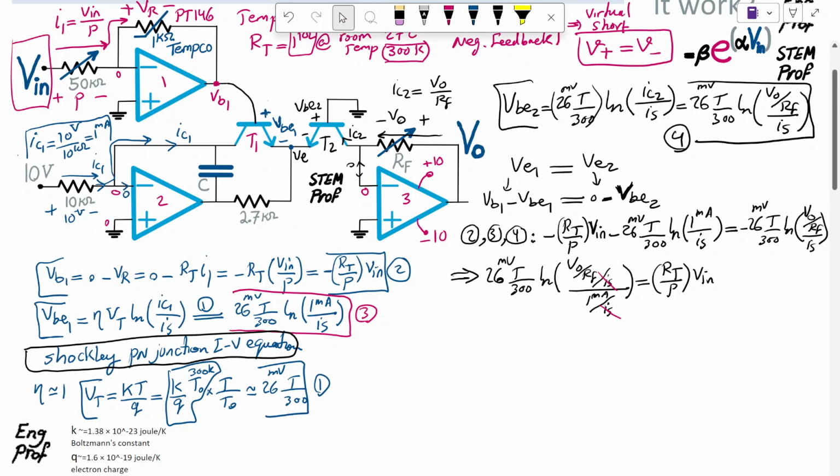So as the next step, I can say the equation becomes as simple as this.